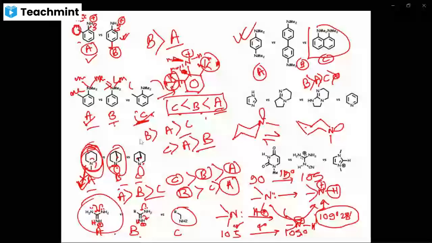But in B, the other NMe2 group is far away, so it can exert only plus R effect and no minus I effect, right?